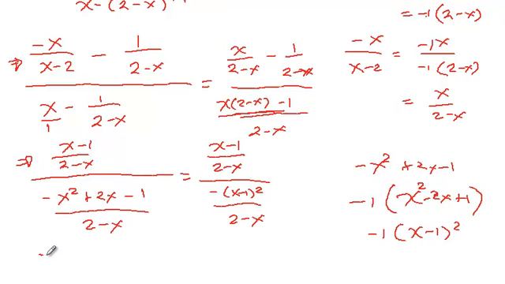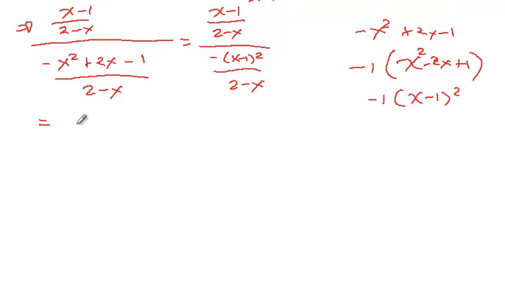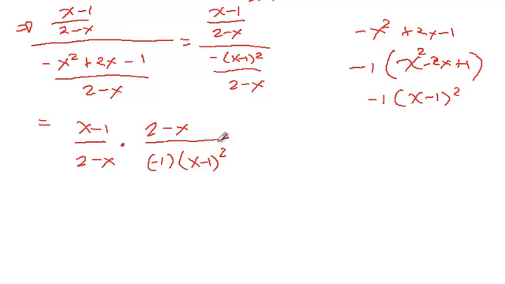And I think now we are ready to simplify that further. We have x minus 1 over 2 minus x times, instead of having this divided by this whole term, we could multiply that by the reciprocal of the denominator: 2 minus x over negative 1 times x minus 1 squared. Okay?